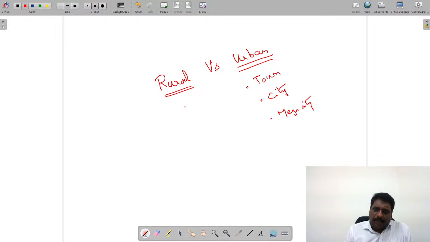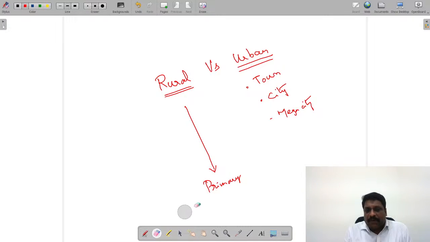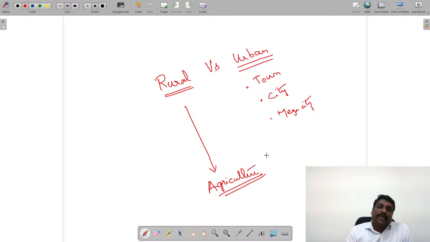Okay. The only thing is, what is the basic difference between urban and rural area, if you ask me? Very simple. Rural area, the predominant economic activity is primary activity, or to be very precise, a land or a region where the predominant economic activity is agriculture. Agriculture is nothing but what? The primary sector. Correct.